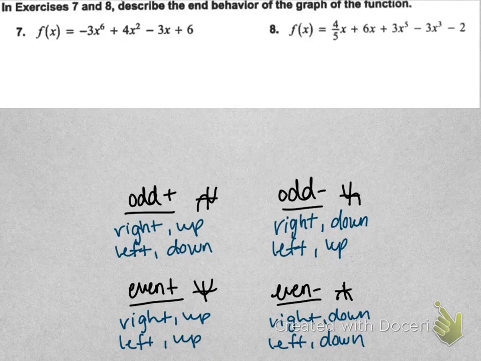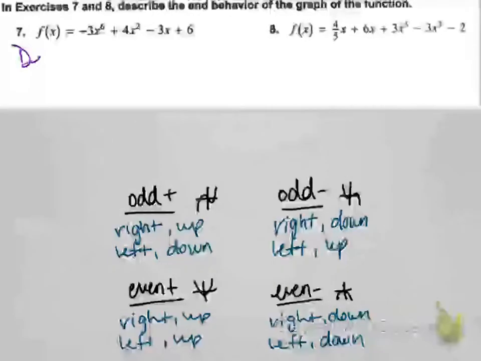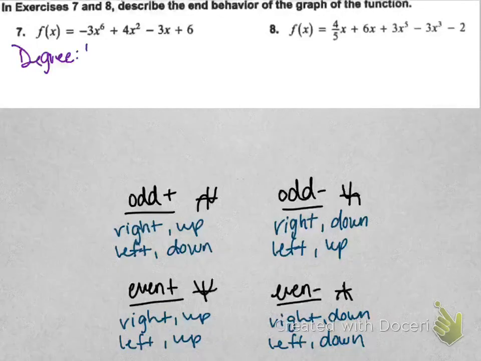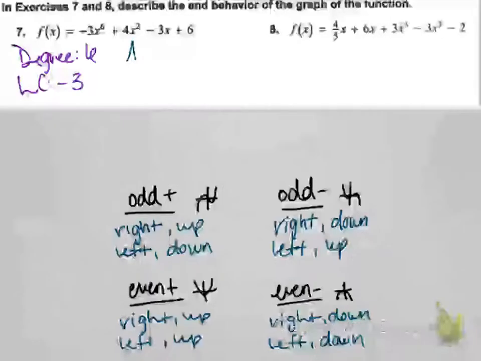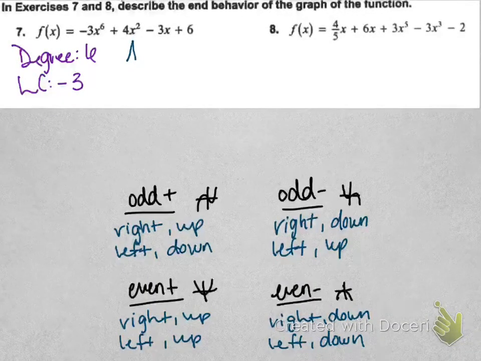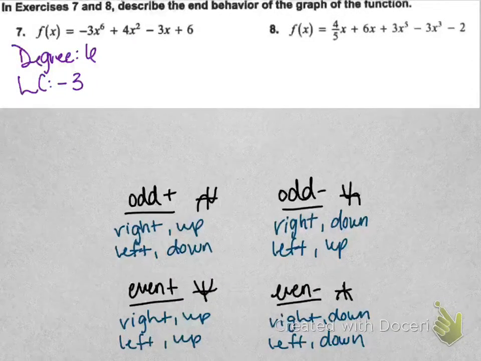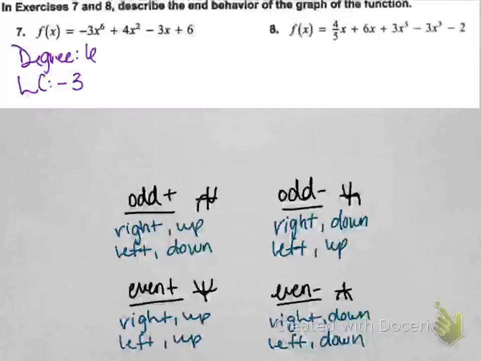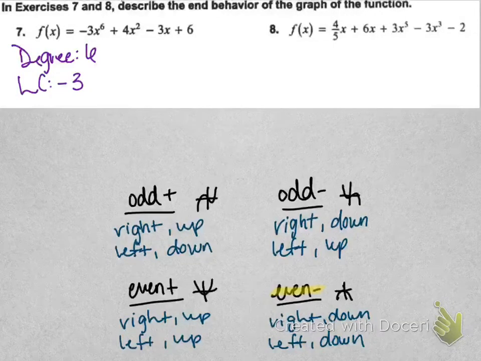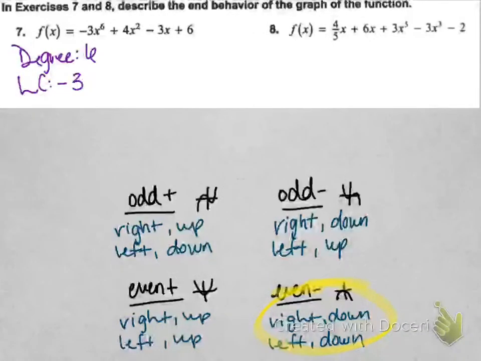So number 7, everything is in standard form, so I can just go ahead and find my highest degree, which is going to be 6. And my leading coefficient is going to be a -3. So my sentence here, if I look at my layman's terms that I've written down at the bottom, my degree is even, and my leading coefficient is negative, which is going to be this sentence right here, which of course I'm going to fix and make mathematically correct.